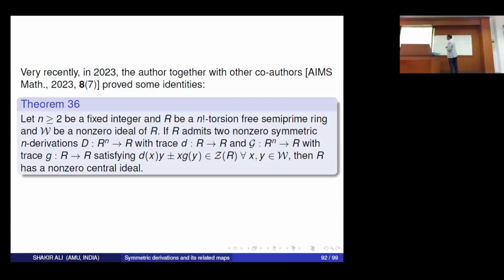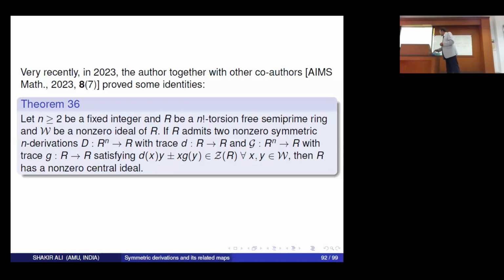They described that if dxy and x d g y is 0, then they conclude that either R is commutative or D is equal to G. He proved this result in that paper, and it motivates the idea.